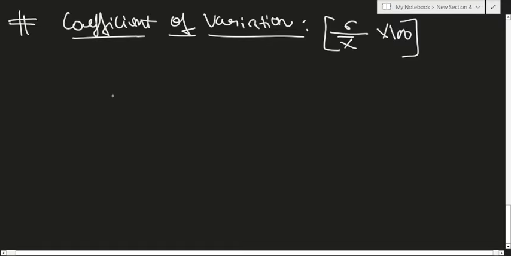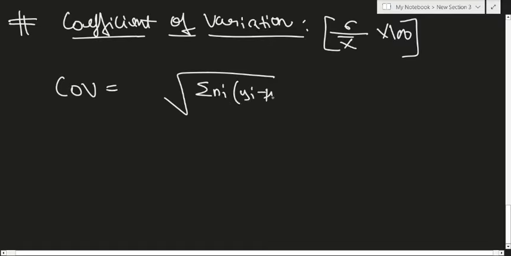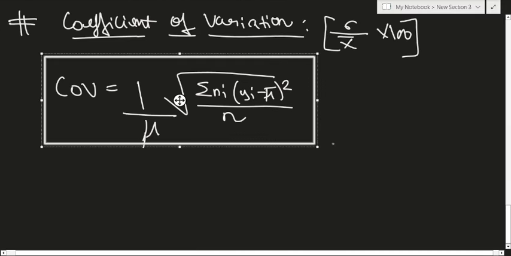Now in the development economics context, we have the formula for coefficient of variation: under root summation ni times (yi minus nu bar) whole square upon n, and dividing it completely by nu. This is not different from this.